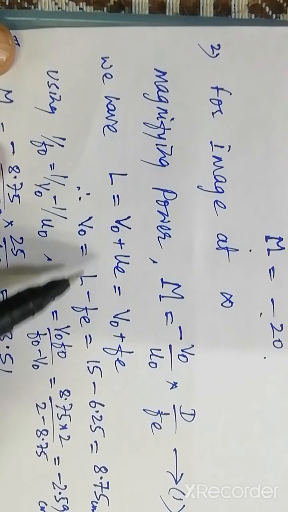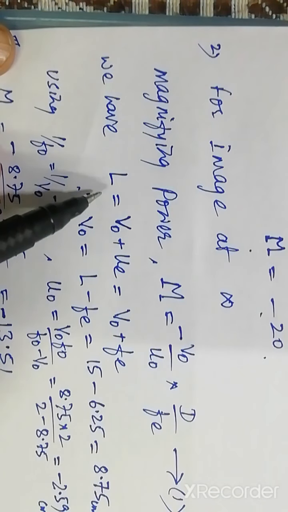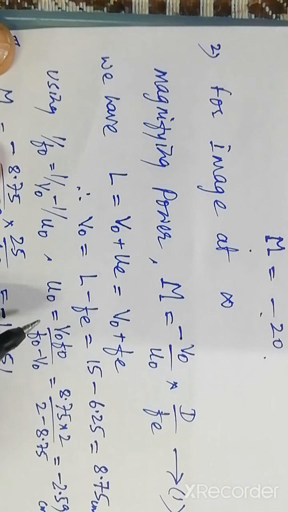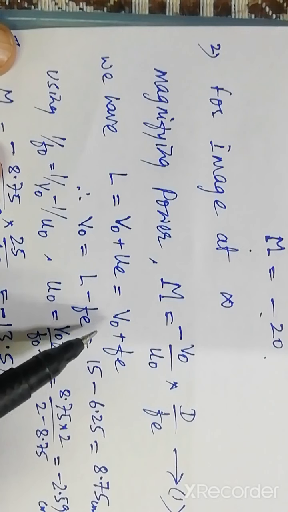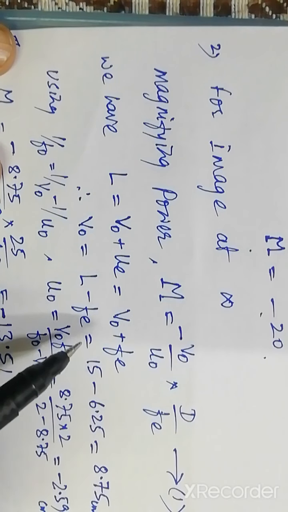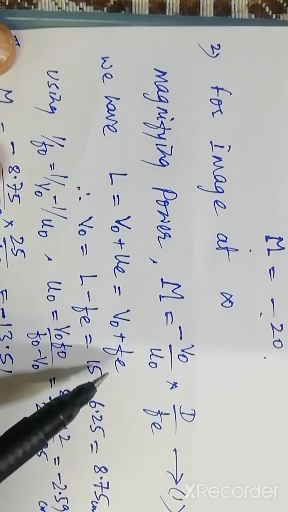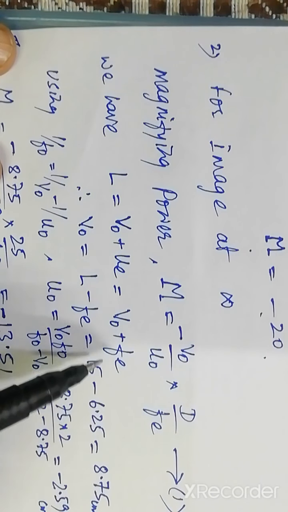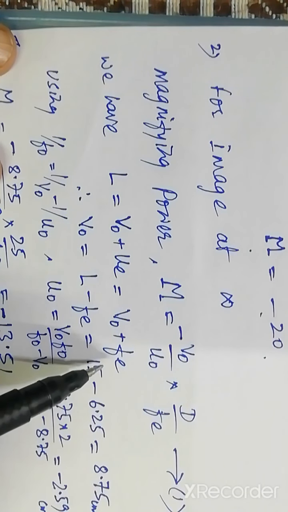So we have length of the microscope is VO plus UE. The image being formed at infinity, the image formed due to objective lens falls at the principal focus of the eye lens. That's why UE is replaced with FE.